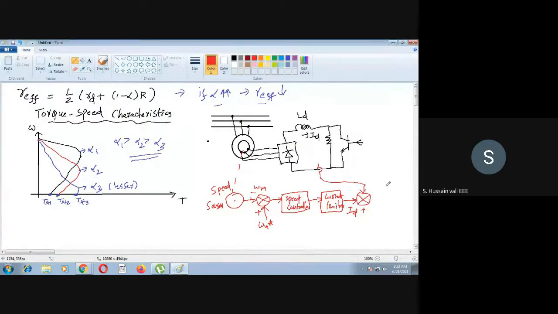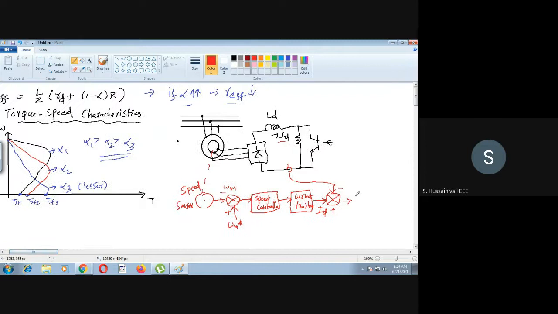So the actual Id you sense here. Plus minus, then you will get some error. Then you will send it to the current controller here. Whenever there is an error, you need a controller here to make a response. Then this goes to the base drive. Base drive is the circuit which is used to drive the base of the BJT. That's it. So this is the closed loop path.